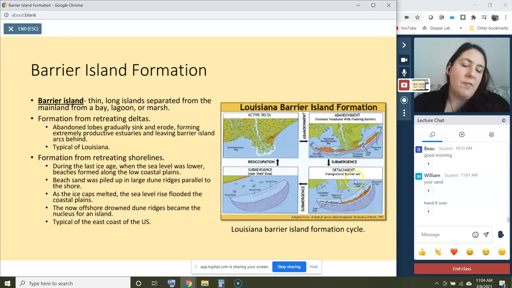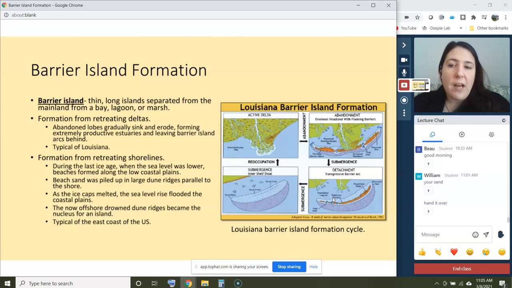Eventually, all of the delta lobe is kind of shrunk away, and so all that's left is that island arc that was the shoreline of the delta lobe. And so this way that barrier islands form is very typical of Louisiana. This is how all of the closest barrier islands, Grand Isle for instance, formed.